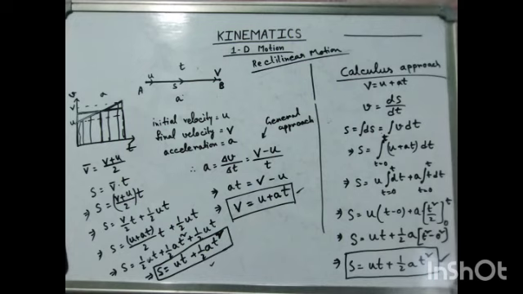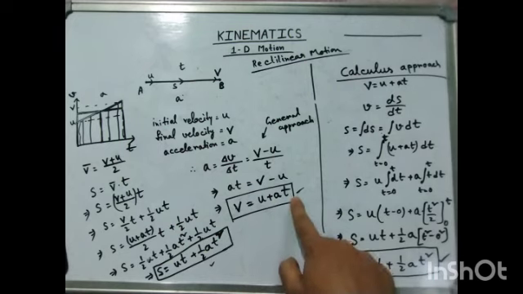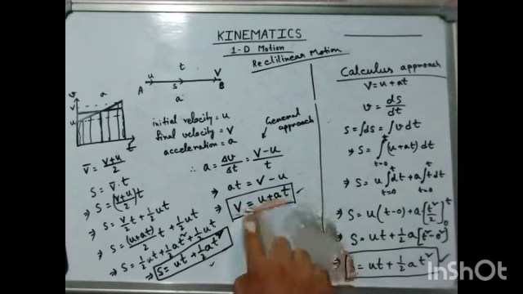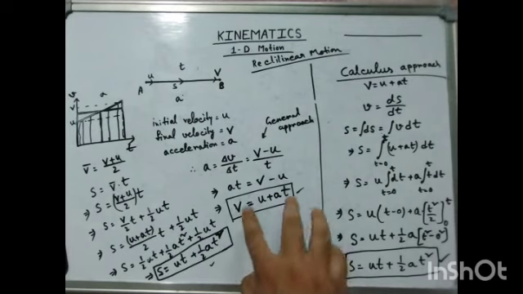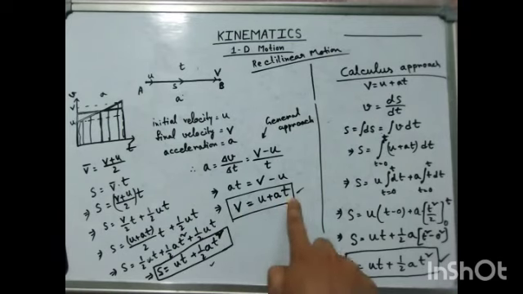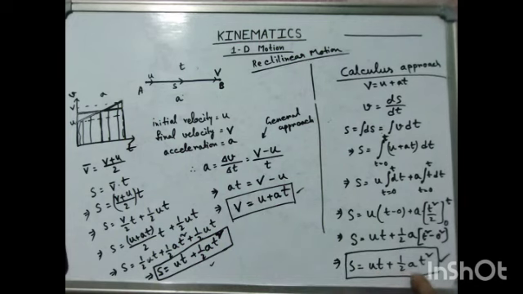Now suppose we know u, a, t, we can find v, or if you know v, a and t, you can find u. If you know any three of these, you can find the fourth one. Here also, if you know u, t and a, you can find s. If you know u, s and t, you can find a. So from these two formulas, if you know any three, you can find the fourth one.